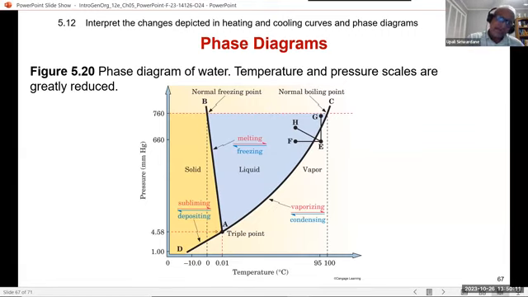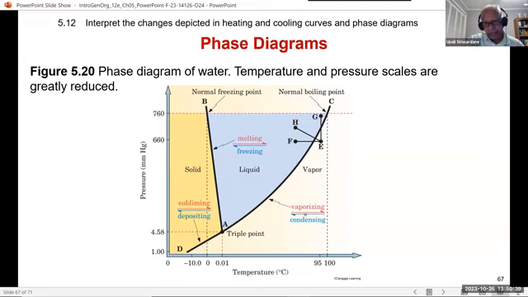D to A is a phase change between gas and solid, so it's called sublimation or deposition.